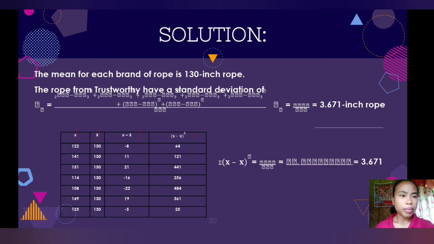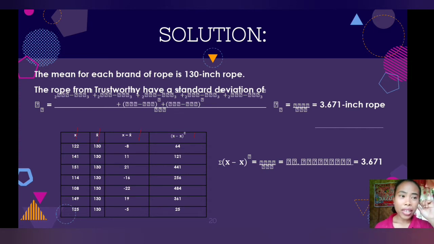The result of the sum of the squared deviation is 1,752 divided by 130, so divided by the mean.